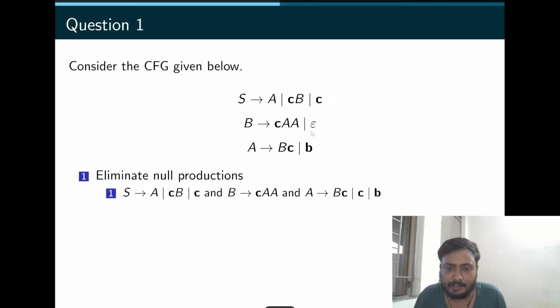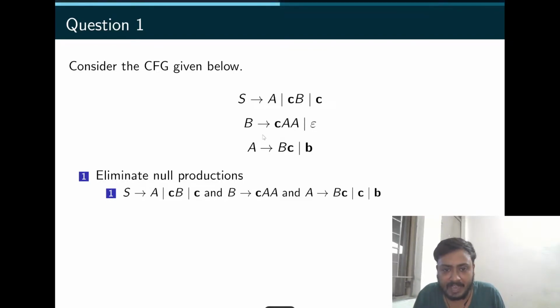The simplest way of replacing the null production is this: you see B gives null. So we look into the rules where B occurs on the RHS, and over there we replace the B using the second rule. Then we will effectively remove this B gives epsilon part. If you look, we have S gives A or CB or C. There's a B over here.